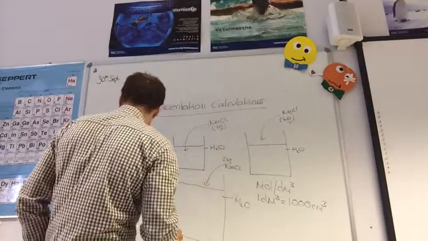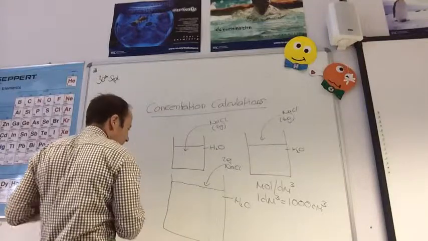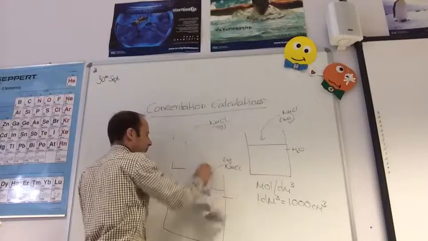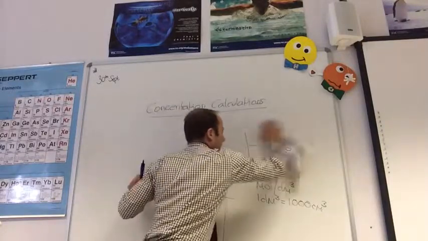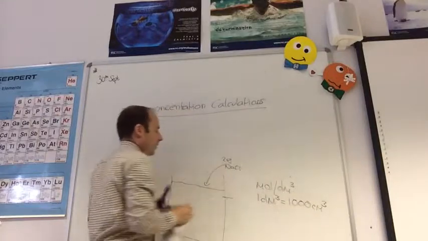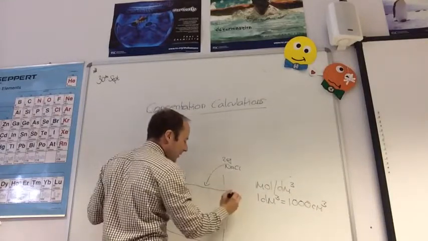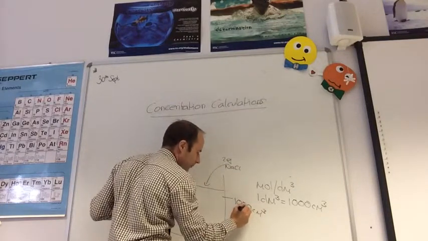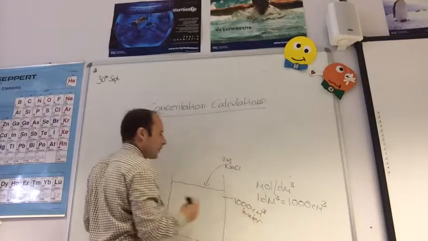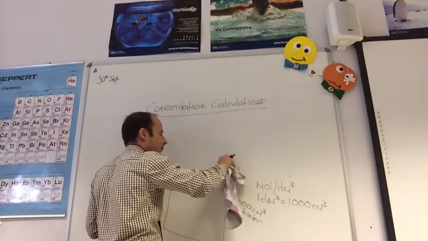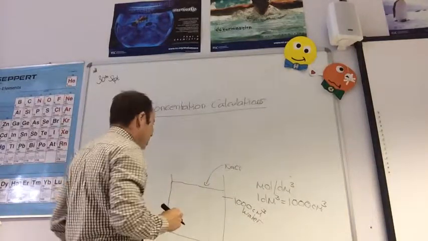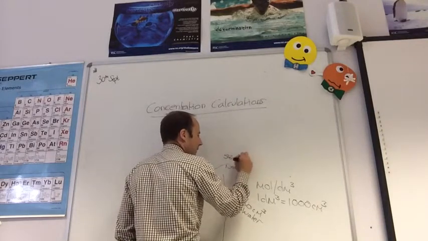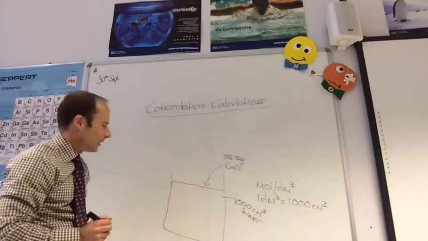So let's change this, and let's say now into this big beaker, I have got 1,000 centimeters cubed of water, and I'm adding to that sodium chloride, and I'm adding 58.5 grams of sodium chloride.